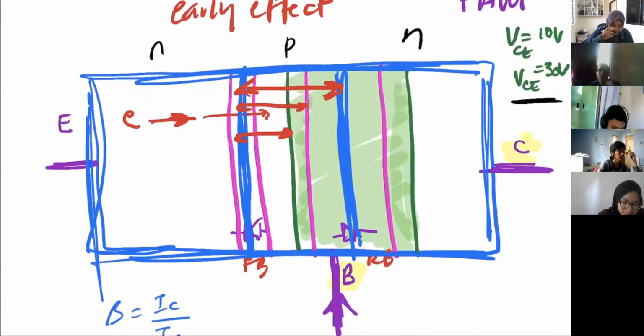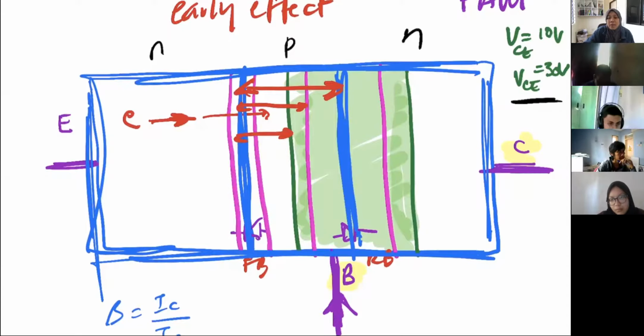Okay, going back to this. Now, can you see the effective base width becomes smaller as you increase VCE or VBC? So what does that mean? That means when electrons transit in the base, which is now this area, saya ada warna kuning, the area is only very small.